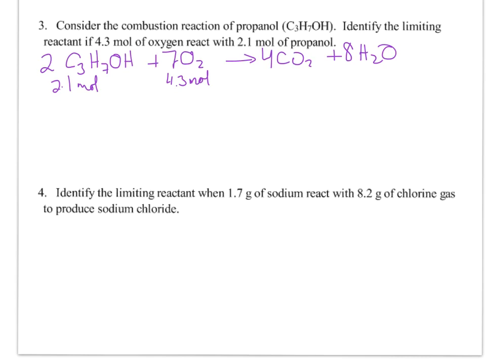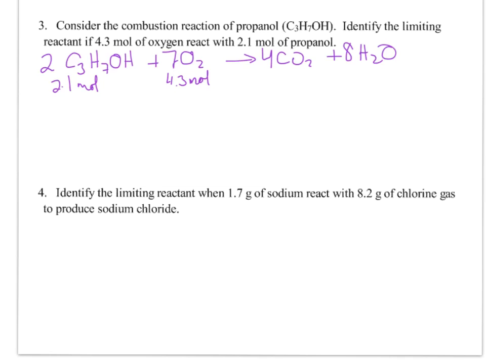So what I could do in this case is I could start with this, see how much product I would form. You can pick whichever product you want, it doesn't really matter. So let's say CO2. So I could pick propanol, start with 2.1 moles, and see how much CO2 would form. Then I would start with the O2, see how much CO2 would form. Whichever gives me the least amount of CO2 is the one that runs out first, so that's my limiting reactant.